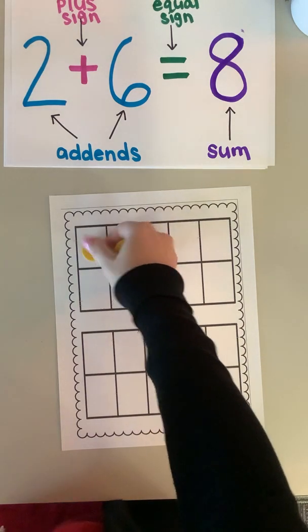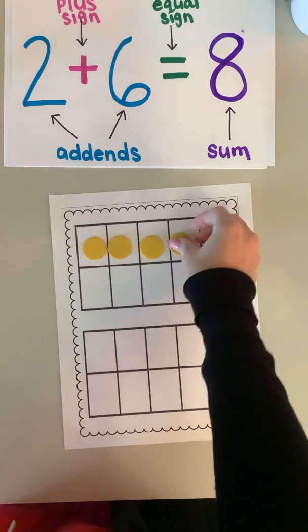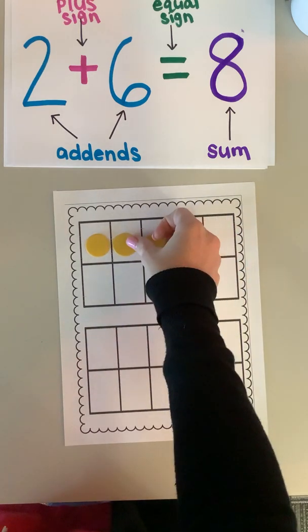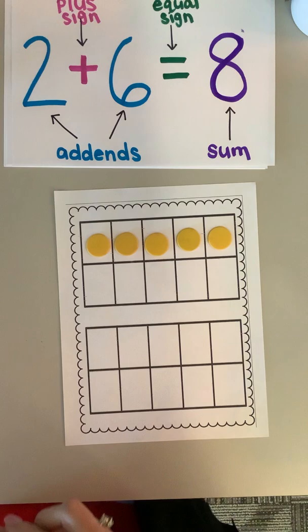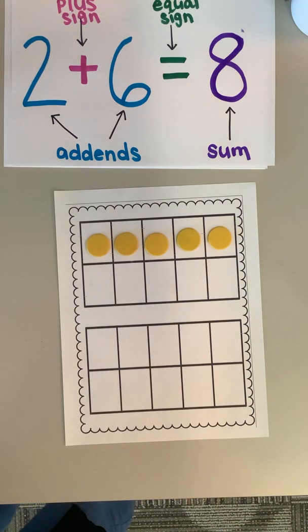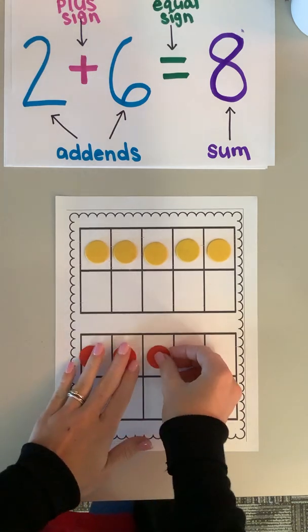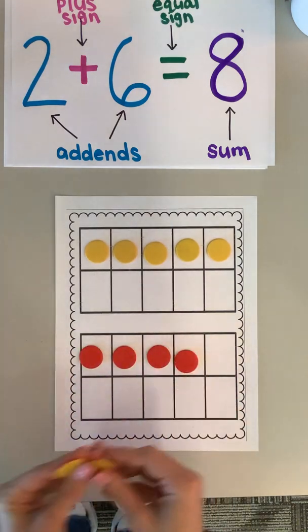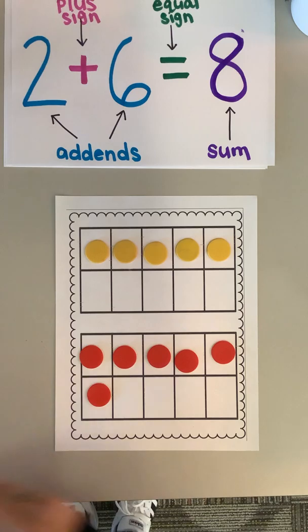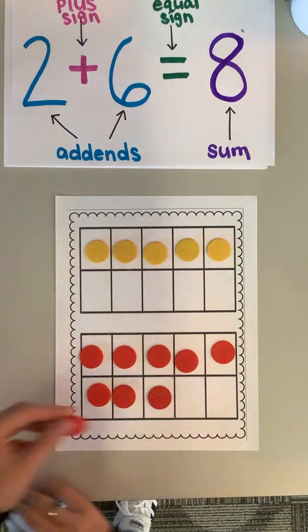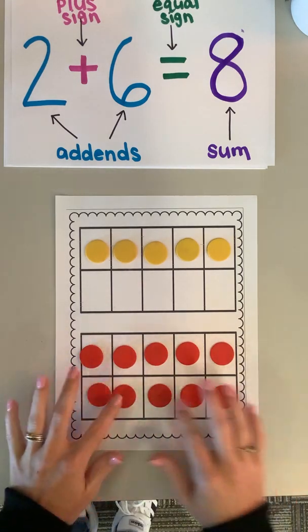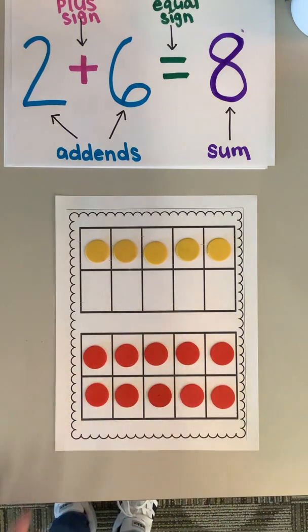Mrs. Dennis has this many stickers. Mrs. Smith has this many stickers. How many stickers do they have all together?